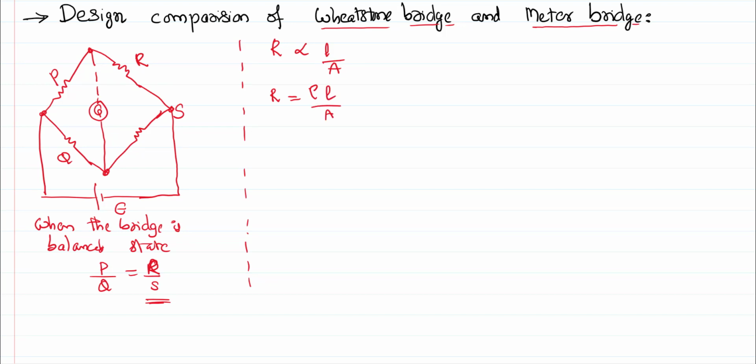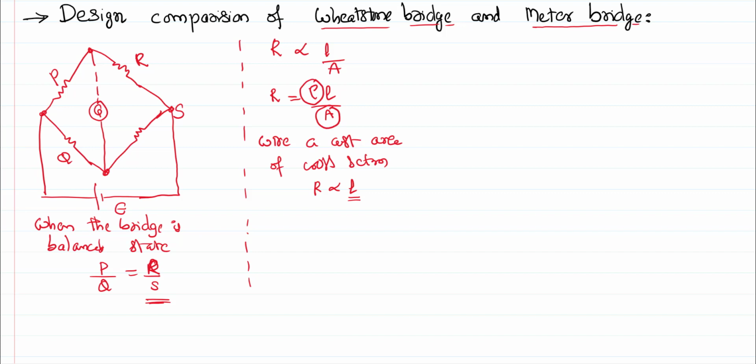Here in a meter bridge, we take a wire of constant area of cross section. As the area is constant, it's not a variable. For a given wire, rho is also constant. So R is directly proportional to L.